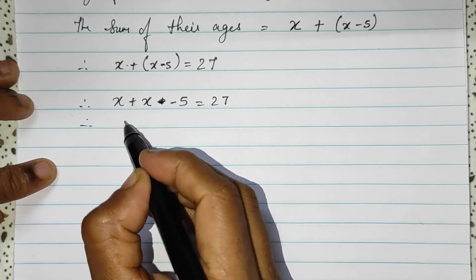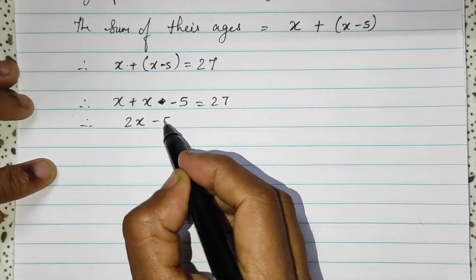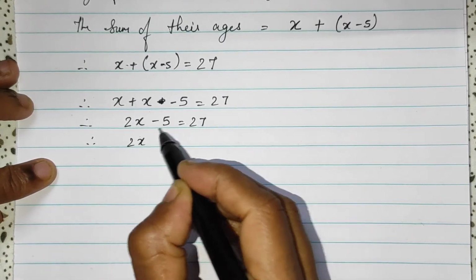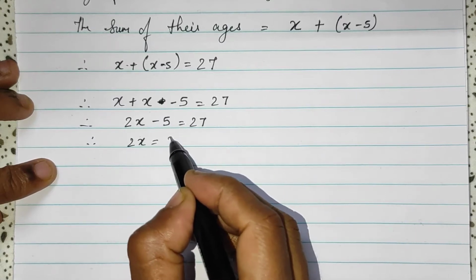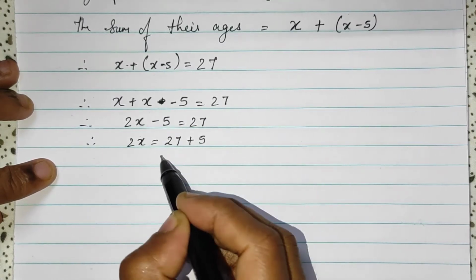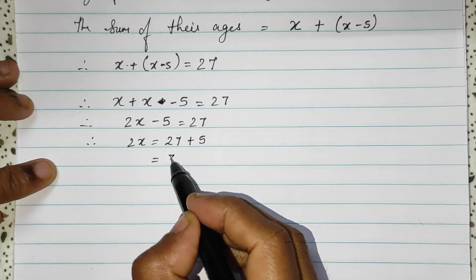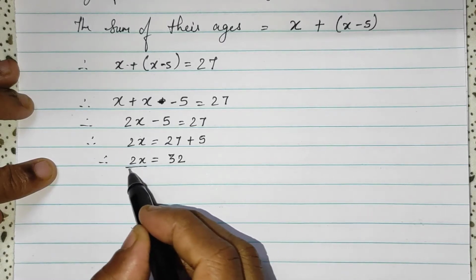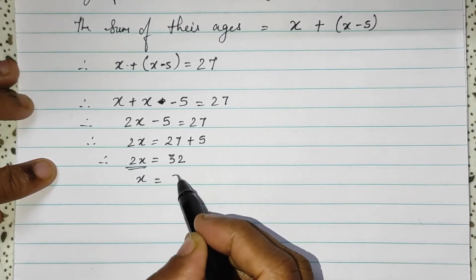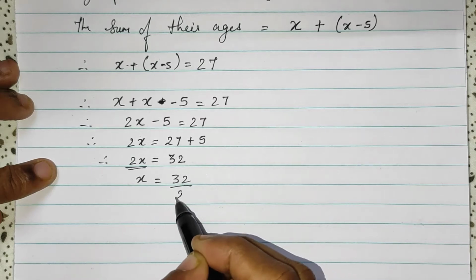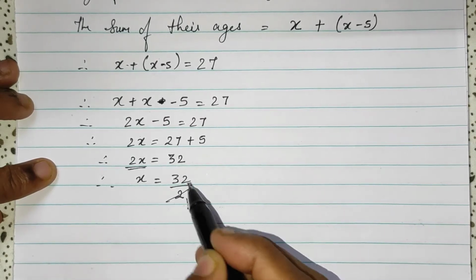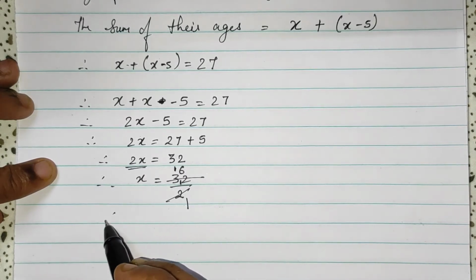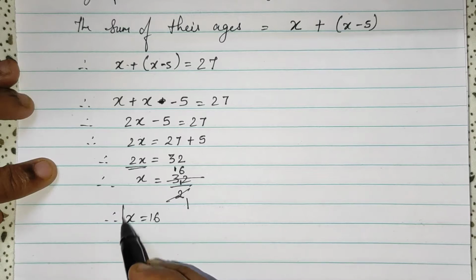So x and x, 2x minus 5 equals 27. 2x, this minus will come here: 27 plus 5, 32. 2x, so now here it is multiplication, so this 2 will come here. Divide by 2. 2 ones are 2, 2 ones are 2, 1 carry, 2 sixes are 12. So x equals 16.